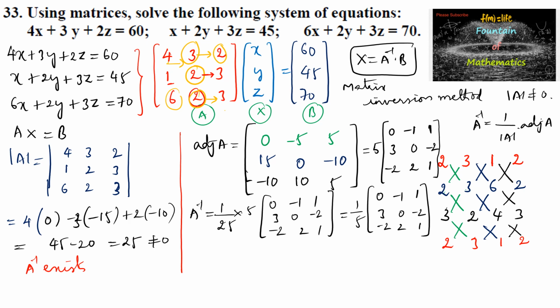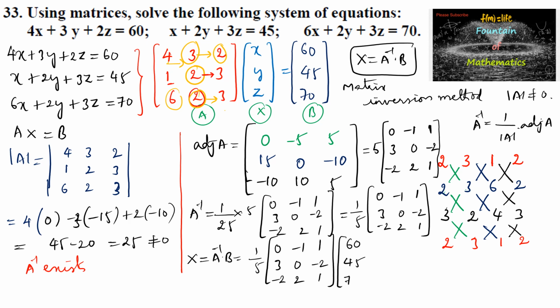And now the variable matrix X is equal to A inverse into B. So we can write 1 upon 5 times of 0 minus 1 1, 3 0 minus 2, minus 2 2 and 1, multiplied with the matrix B, that is 60, 45 and 70.